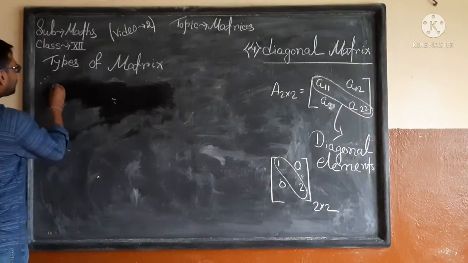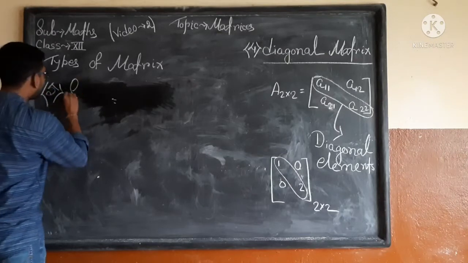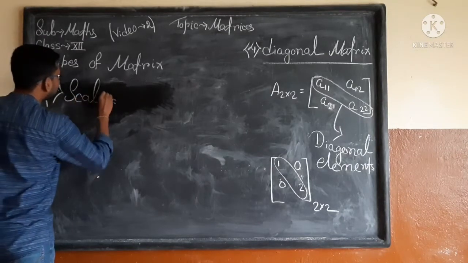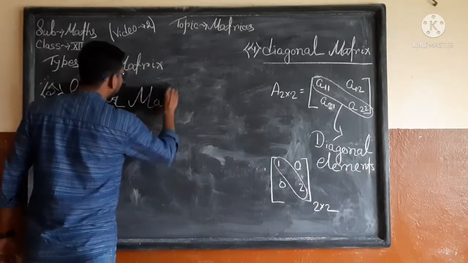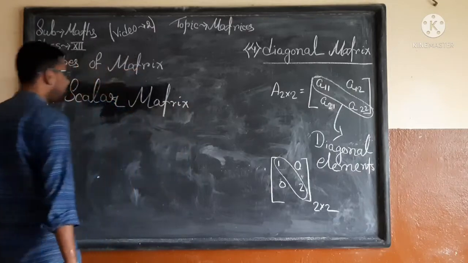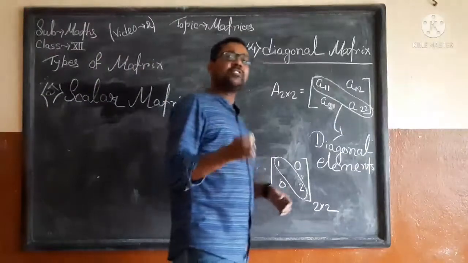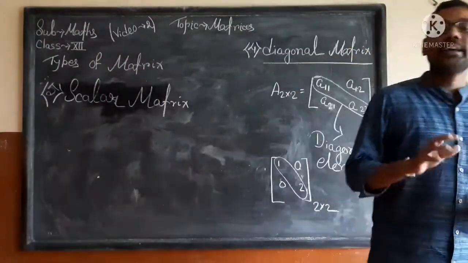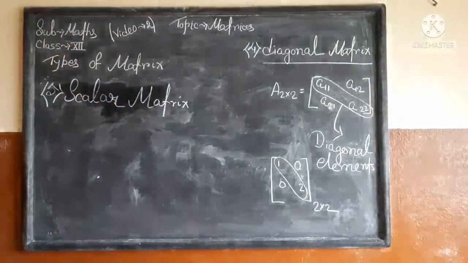Next, scalar matrix. What is the definition of the scalar matrix? The scalar matrix is also an example of the diagonal matrix.